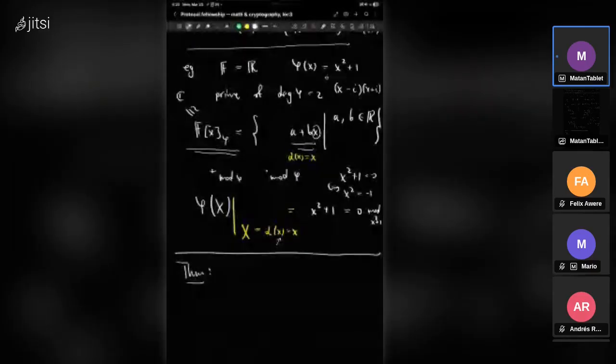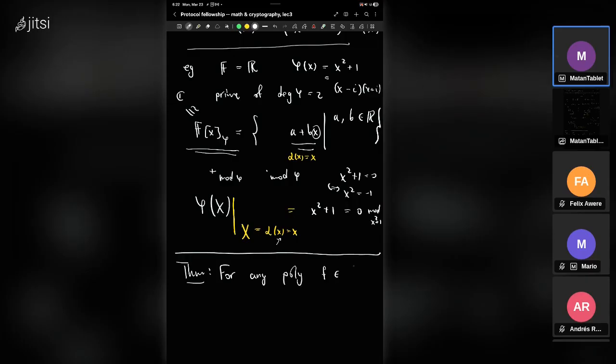Theorem: for any polynomial f, let's say over F_p, but it's not restricted to F_p, just that we will use it for F_p.